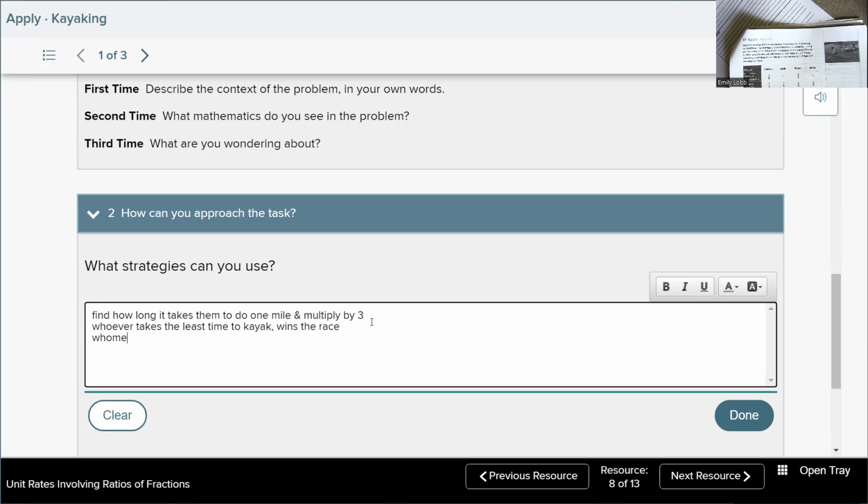So whoever has the fastest or greatest rate wins. So those are a few strategies that we could use. We could find the unit rate and multiply by 3, and whoever has the smallest number would win. Or we could see who's going the fastest, because we're assuming that this rate is the same. So write one of those strategies down or get something down in your own words.